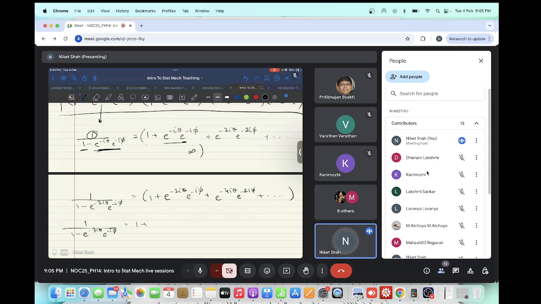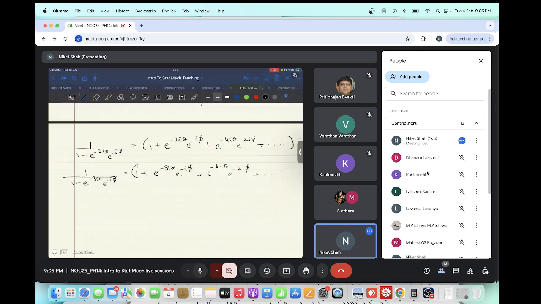There are other terms which I am not writing down, and I will tell you the reason why I am not writing those down. The fourth term is 1 minus e raised to power minus 4 I theta e raised to power minus I phi, which is equal to 1 plus e raised to power minus 4 I theta e raised to power minus I phi plus e raised to power minus 8 I theta e raised to power minus 2 I phi and so on and so forth.